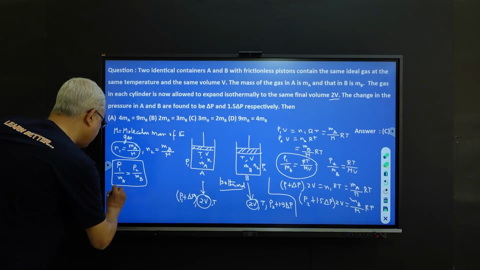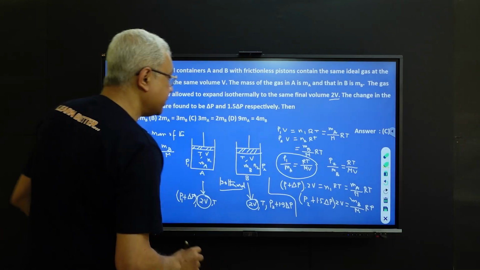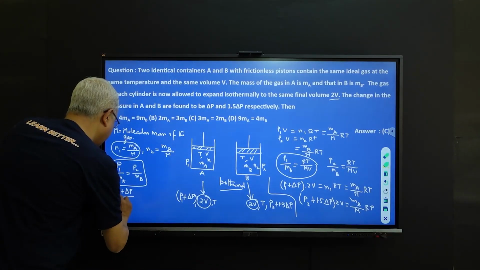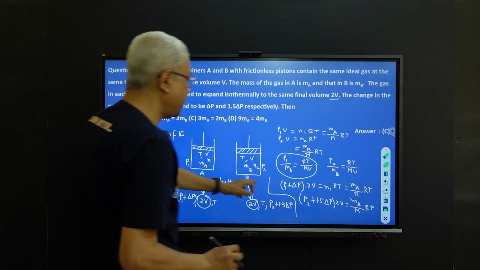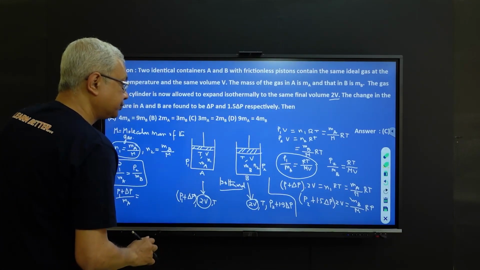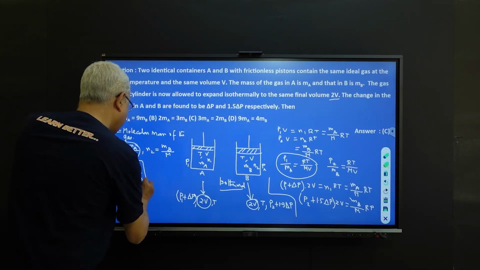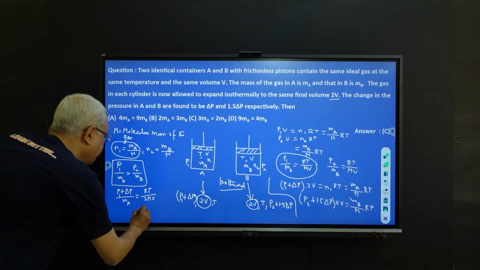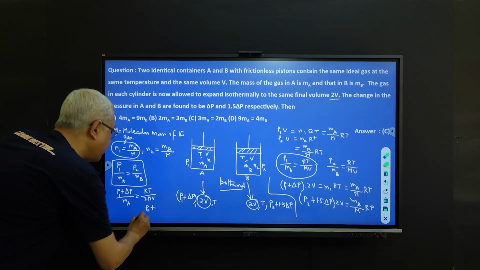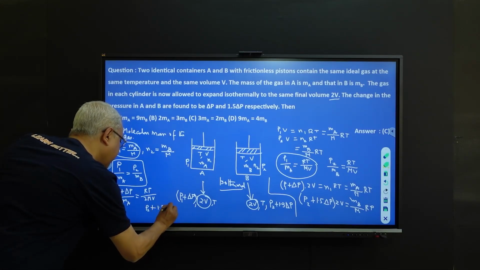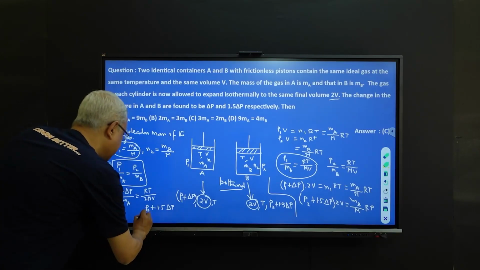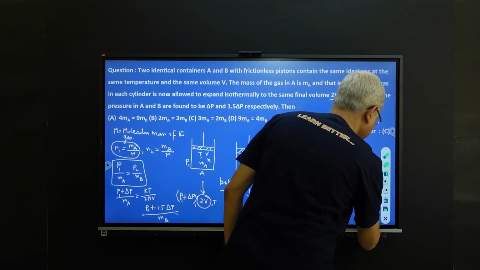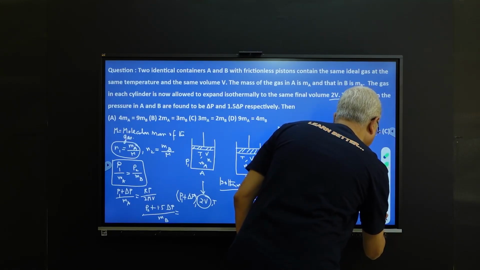So I can write P1 plus delta P by Ma is equal to RT by 2MV, and P2 plus 1.5 delta P by Mb is equal to RT by 2MV.